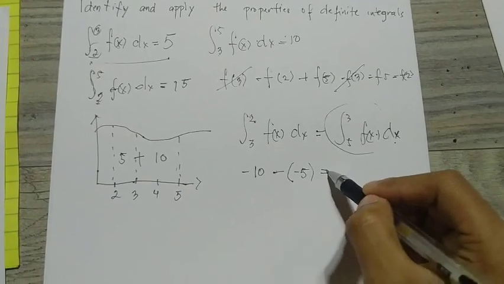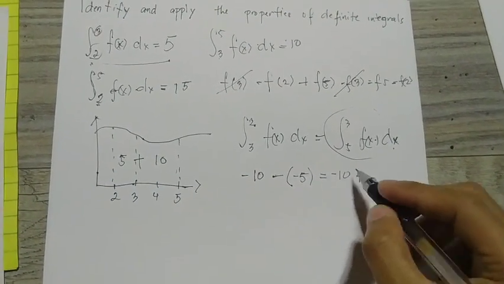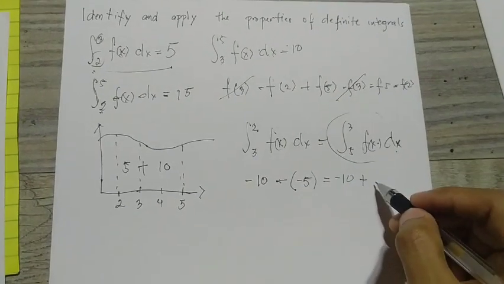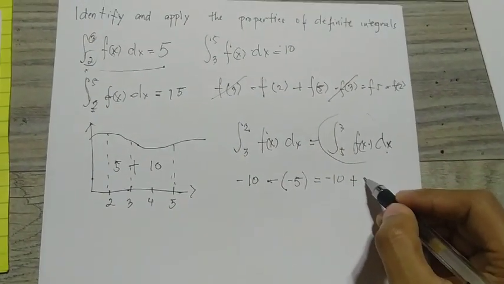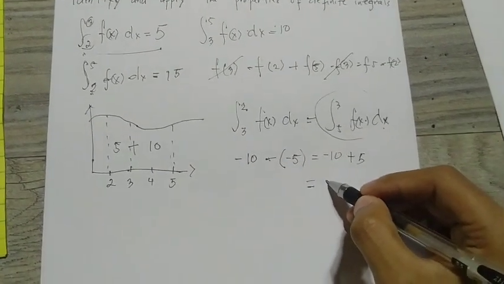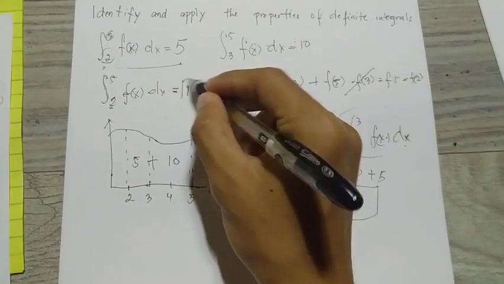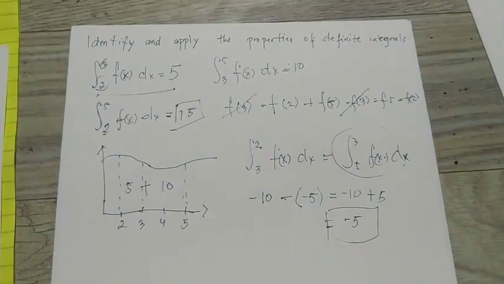Negative 10 minus becomes plus, because negative 5 becomes positive 5. So negative 10 plus 5 is negative 5. So this is how to identify and apply the properties of definite integrals.